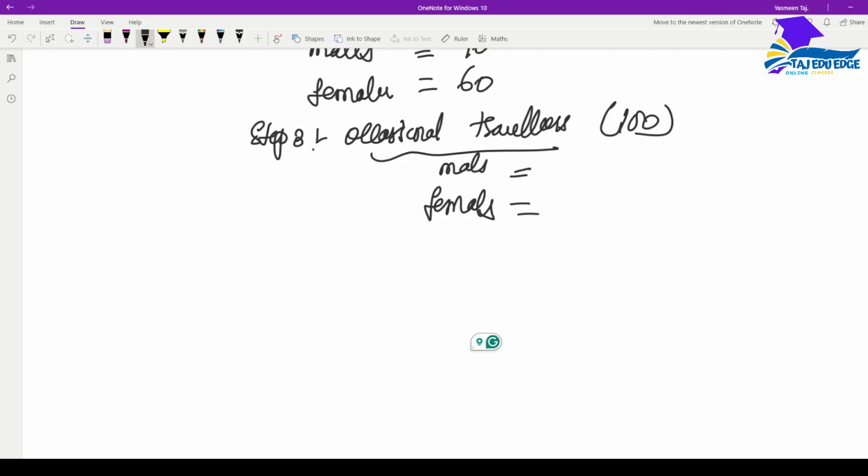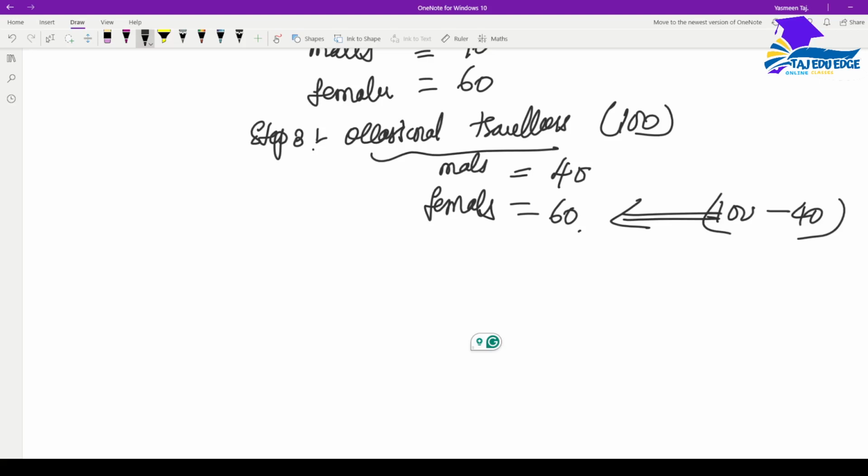In the question they said occasional travelers, males are 40. So how many females are there? If the occasional travelers are 100, out of that 40 are males, obviously the remaining 60 are females. So 60 are females. How did we get this 60? We got it by deducting 40 from 100, that is 100 minus 40. So this is how we got the data.